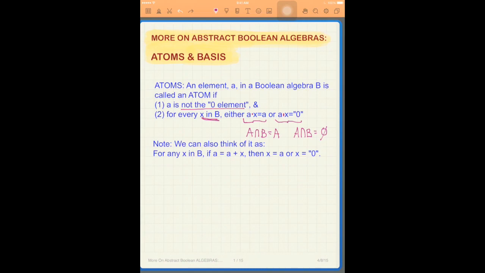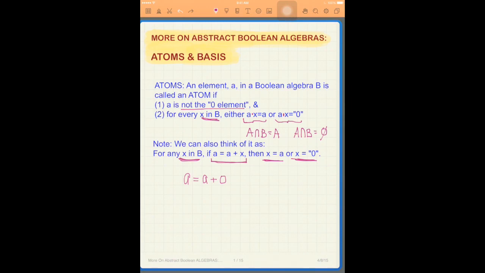Also notice that we can think of this as for any element x in the Boolean algebra, if A is equal to A plus x, then x must equal A, or x must equal the 0 element. We know that A would equal A plus 0, so that's a given because of the Boolean identities. We know that's going to be true in any Boolean algebra.